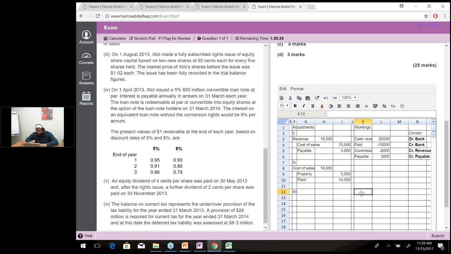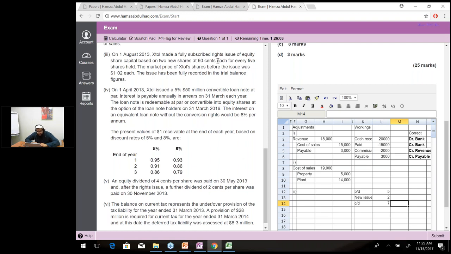So I can say the brought down, the new issue, and the carried down. Everyone who had 5 shares in the brought down, we have issued 2 new shares to them, and now at the year end, they are going to have 7 of them.